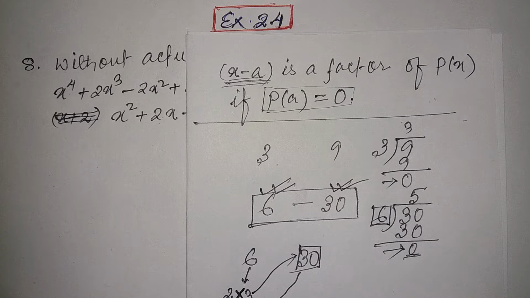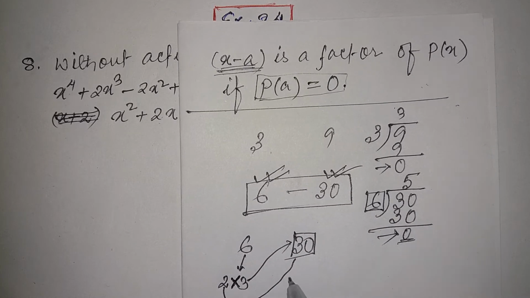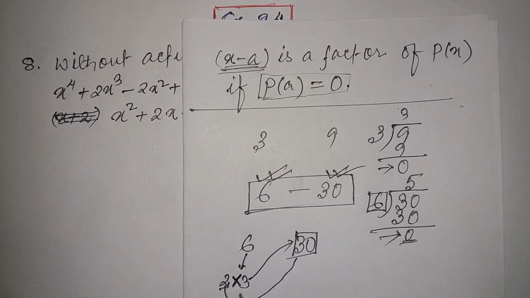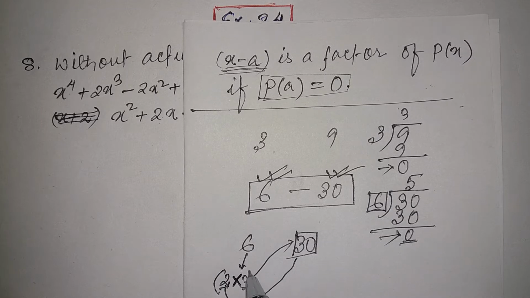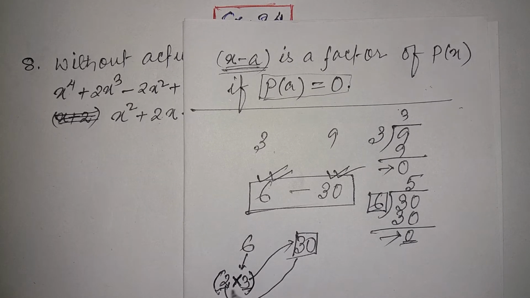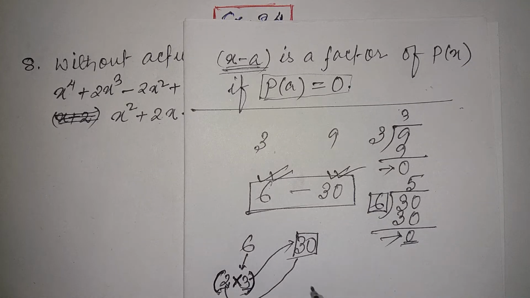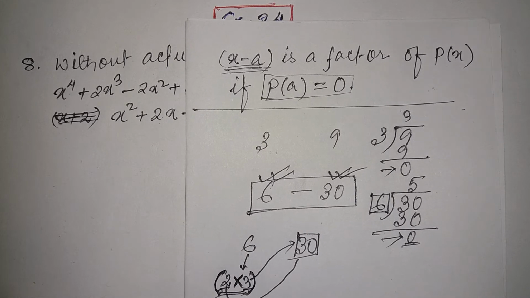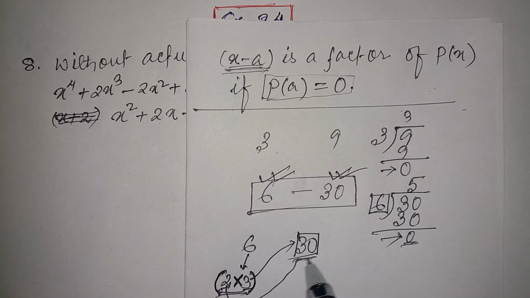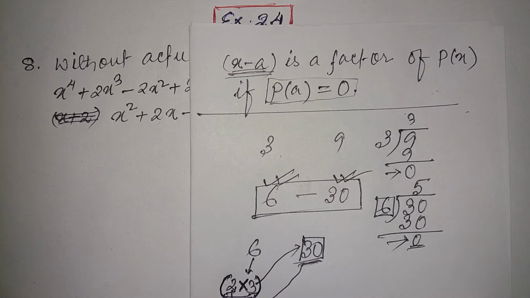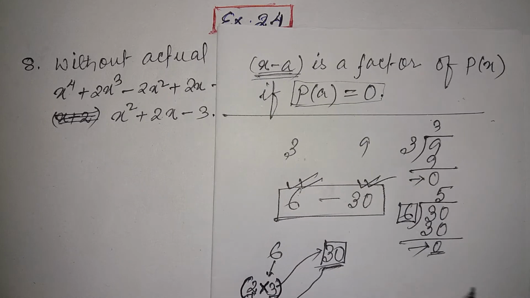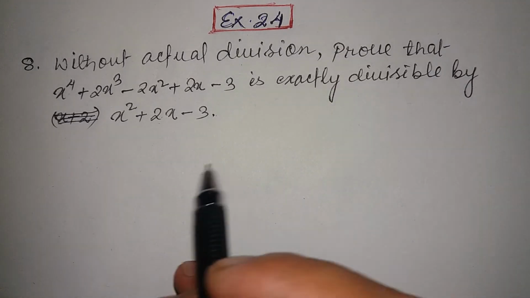So in other words, if 30 is exactly divisible by 2 and 3, then 2 into 3 is a number that is also a factor of this 30. This is the idea that we're going to use in this question.